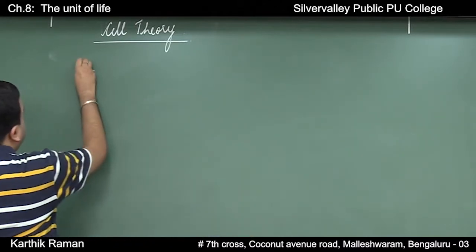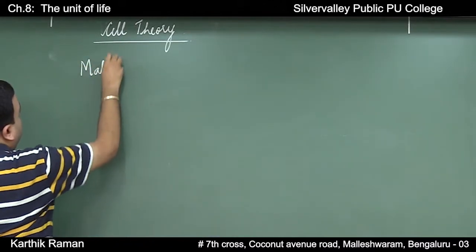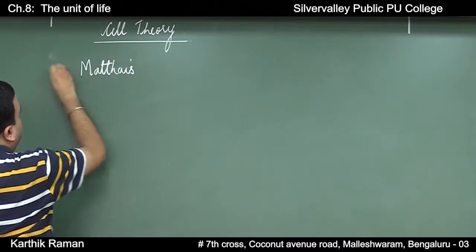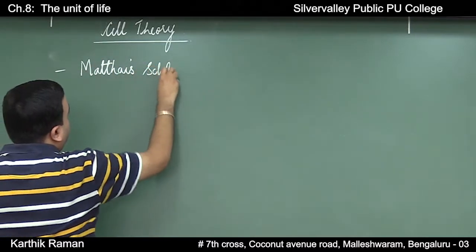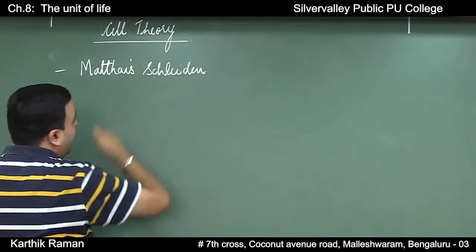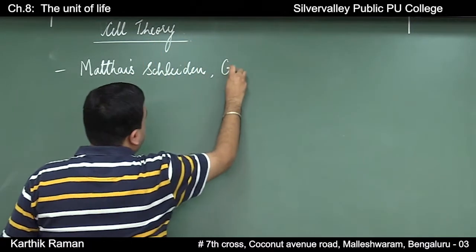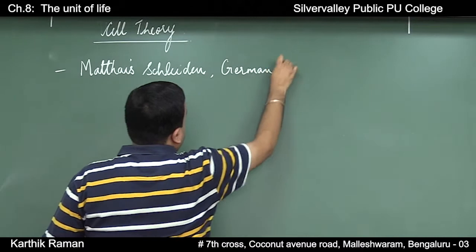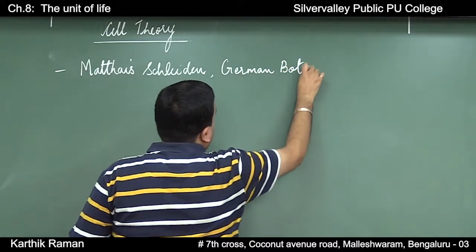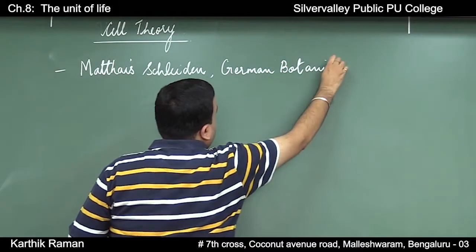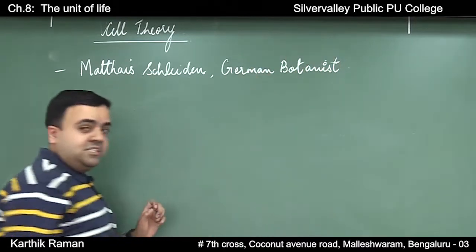First we have Matthias Schleiden. He is a German botanist.